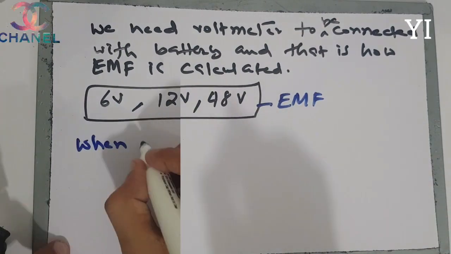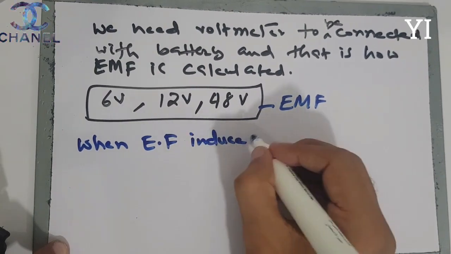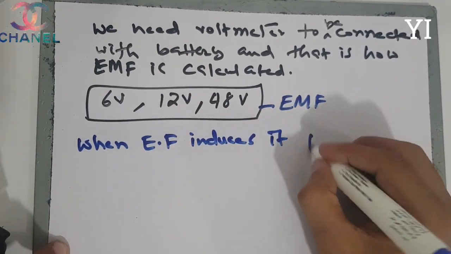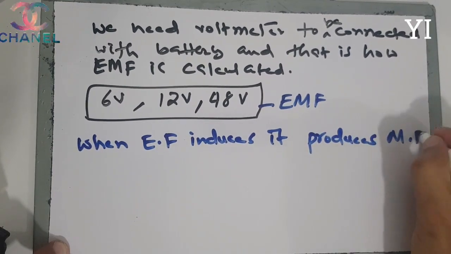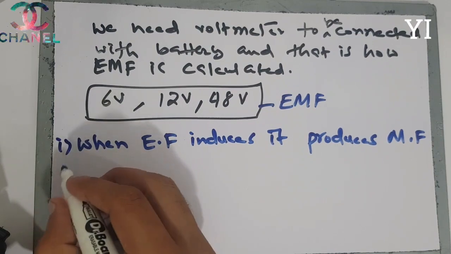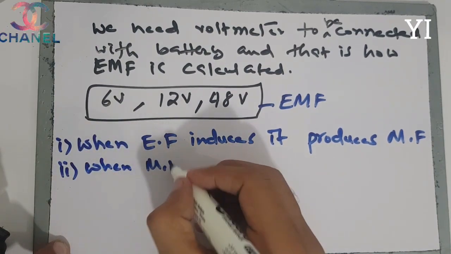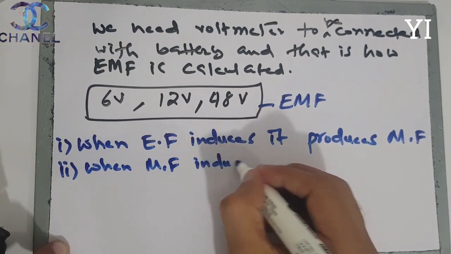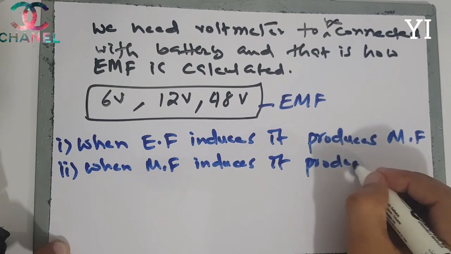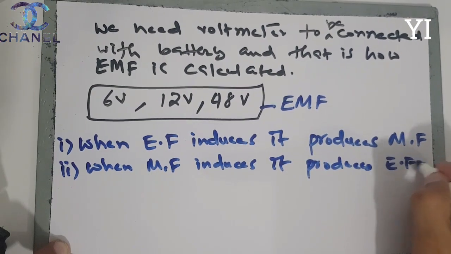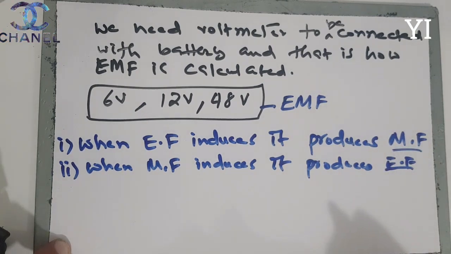So now, an electric field induces, it produces a magnetic field. This is point number 1, and point number 2, when a magnetic field induces, it produces an electric field. And these both fields, magnetic field and electric field, are perpendicular to each other.